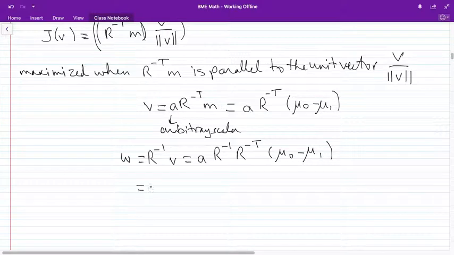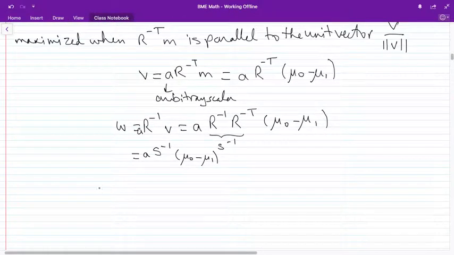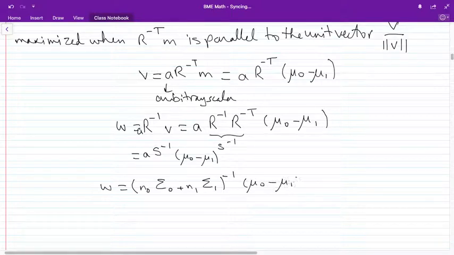W is equal to this arbitrary constant A, which this term here is S minus 1, times mu 0 minus mu 1. So W is the following. I'm going to drop this arbitrary constant, just set it equal to 1. I have S minus 1. S was N0, variance of the first class, plus N1, variance of the second class, inverse, times the means of the data.